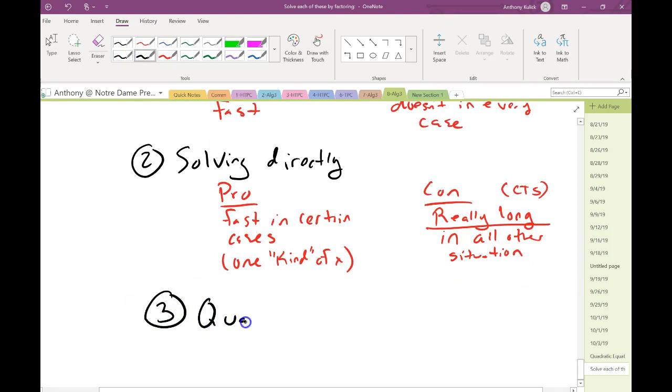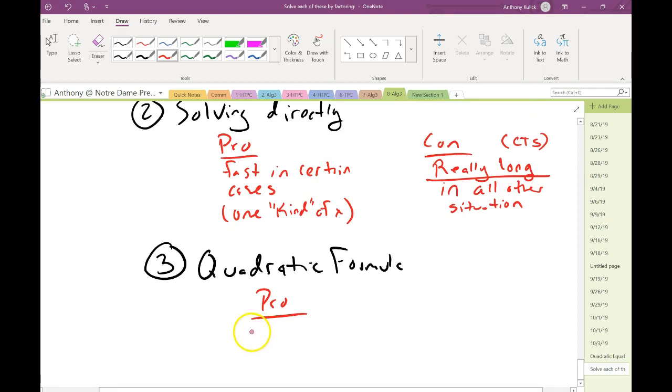And the third method now that we have is the quadratic formula. The pro here is that it works in every situation.